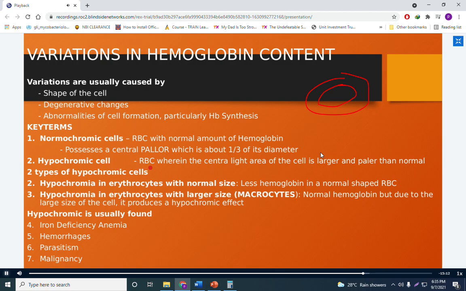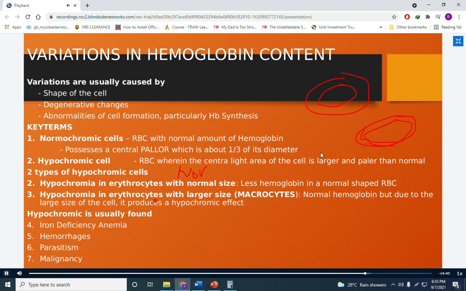So hypochromic naman class is RBC wherein the central light area is large and paler. So ganyan siya class. Sobrang laki. Parang puro pale siya. I'll show you a picture later. Then there are two types of hypochromic cells class. Hypochromia in normocytic cells, so in erythrocytes with normal size, less hemoglobin yung laman.